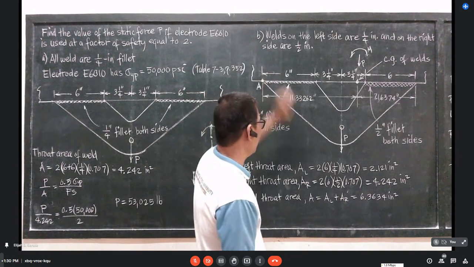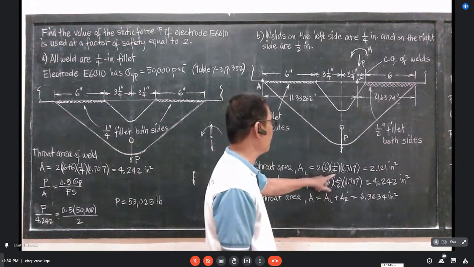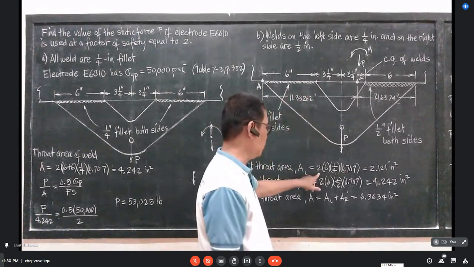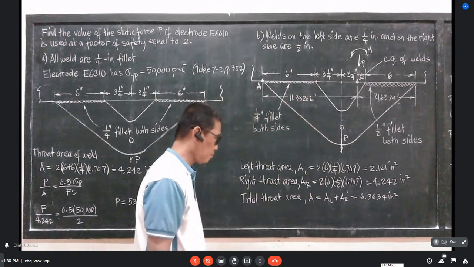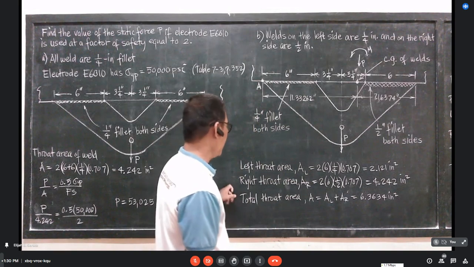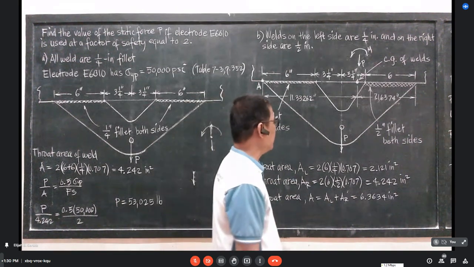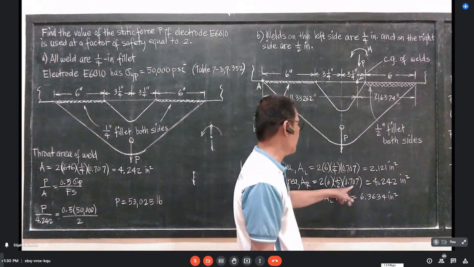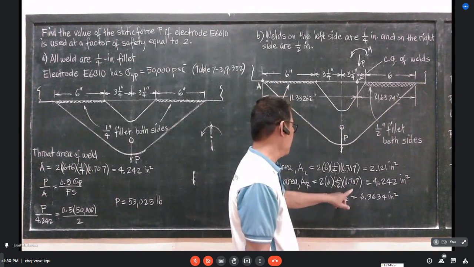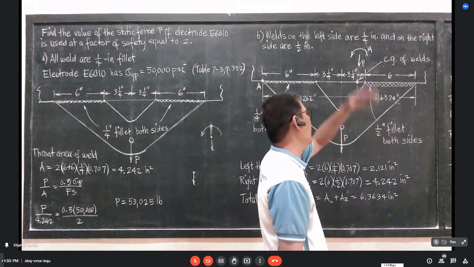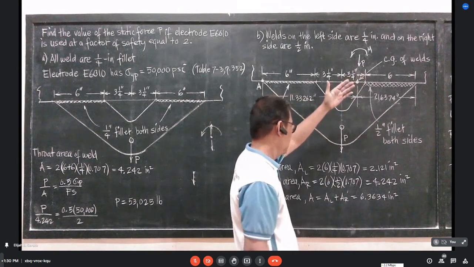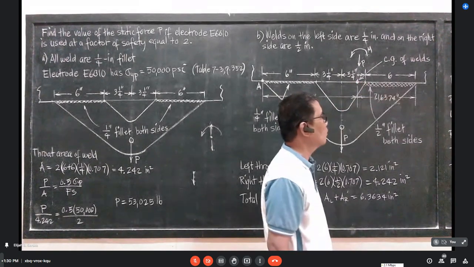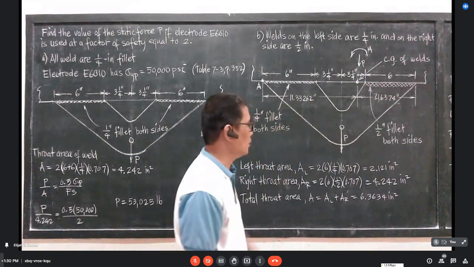It is 6 times 4.77 on this side, and on the other side, so you multiply it by 2. Now for the right front area, it is also 6 by 1/2 by 7 times 4.77, and then times 2 because it is on both sides.